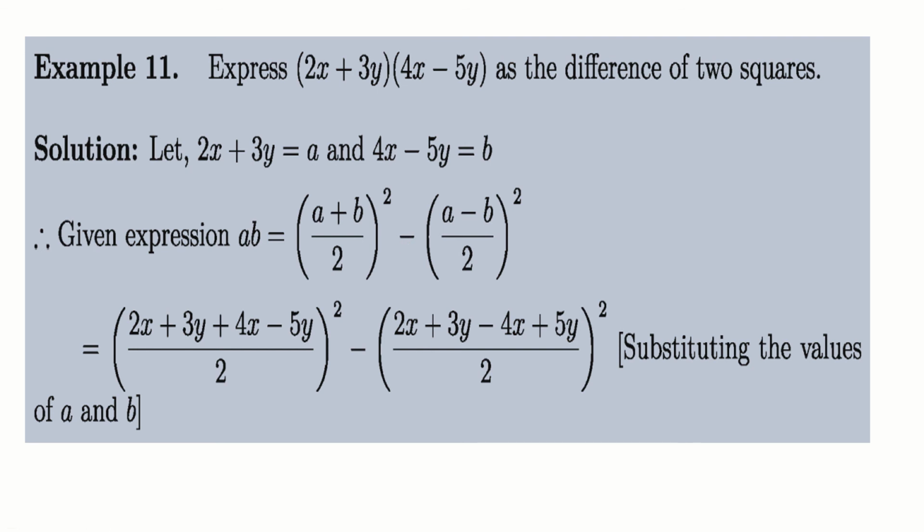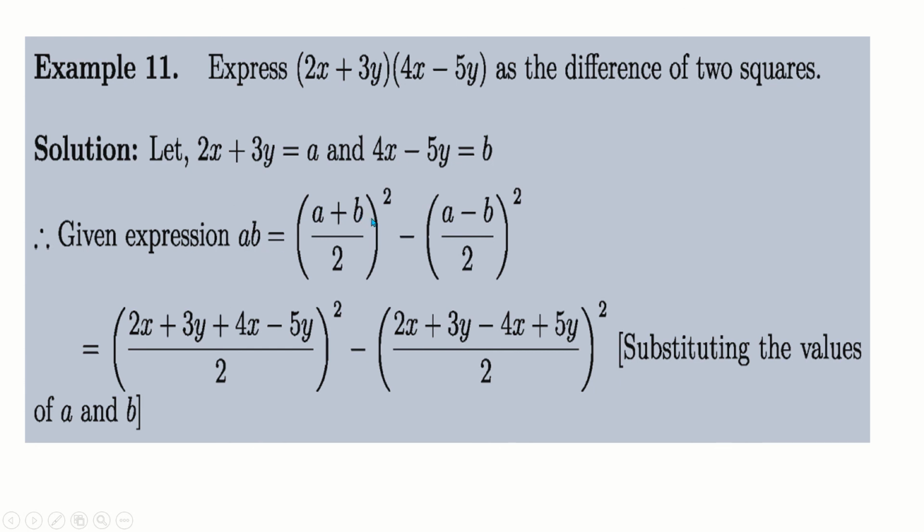Okay, that means we have to write the answer in this form. Clear? So 2x plus 3y, if we consider this equal to a and this equal to b, so this will be ab. So for making the formula ab, we have to let 2x plus 3y equal to a and 4x minus 5y equal to b.